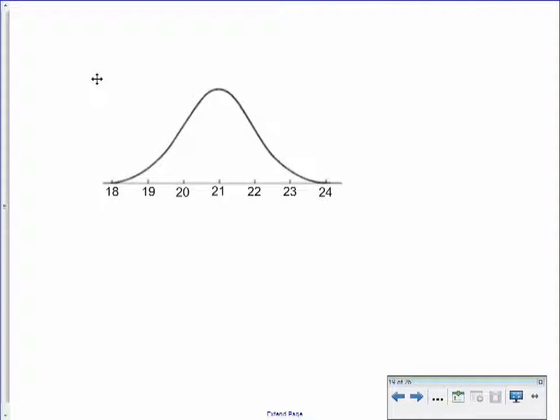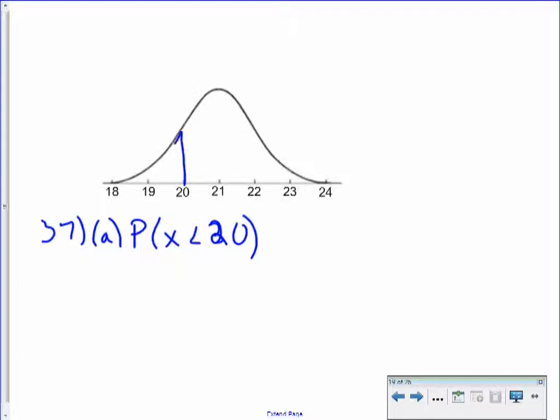Something that is convenient about this particular problem is that when I attempt to draw on the graph, I realize 20 is one of the actual marks on my graph. 20 corresponds to what z-score?